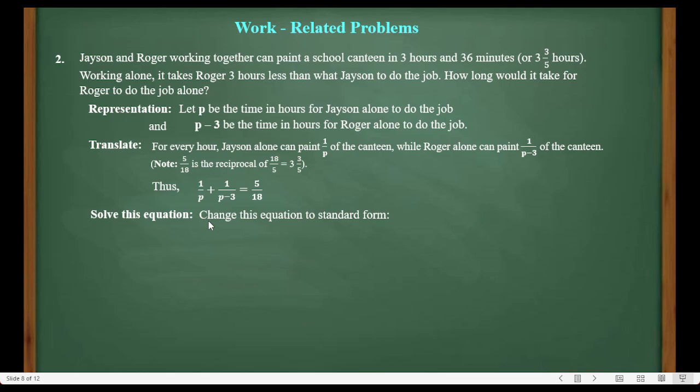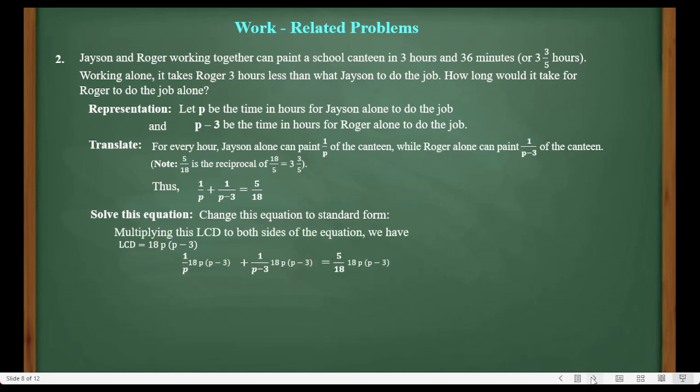we have to again change it to standard form. But first, we identify the LCD, and that is 18P times the quantity P minus 3. And this LCD is to be multiplied to each term of the equation, just like the previous problem, so that we can clear the denominators from this equation.